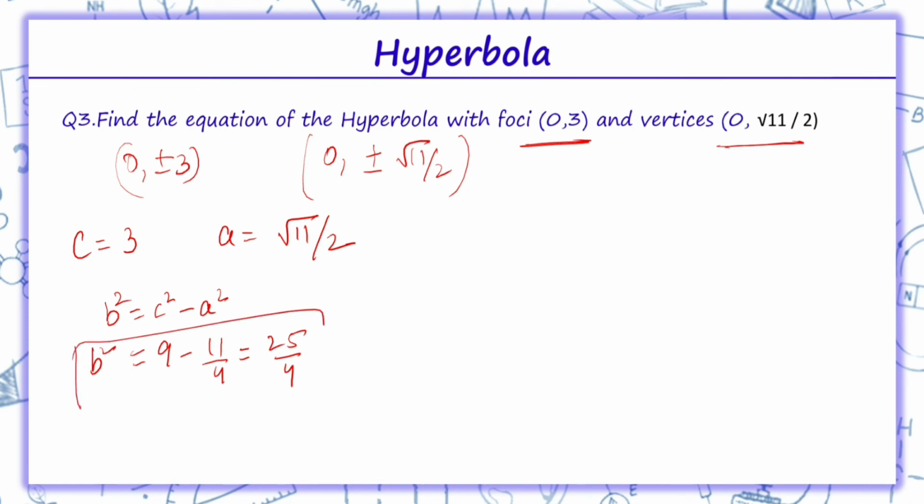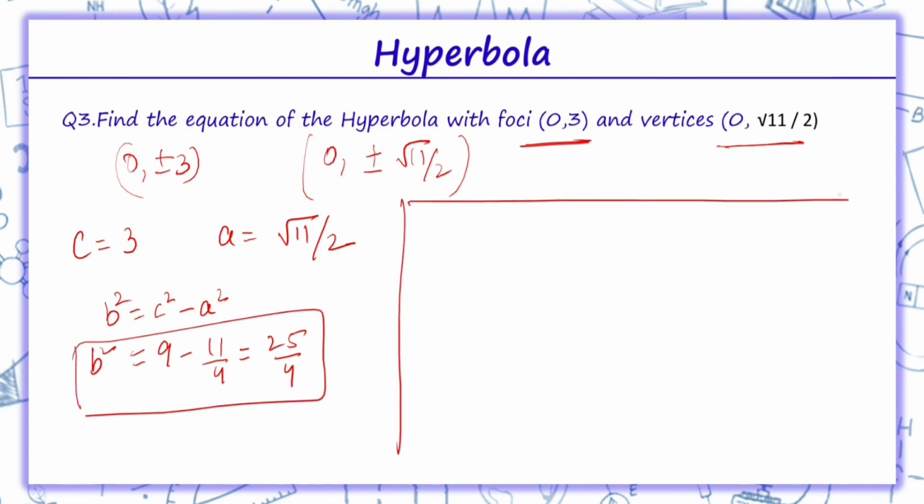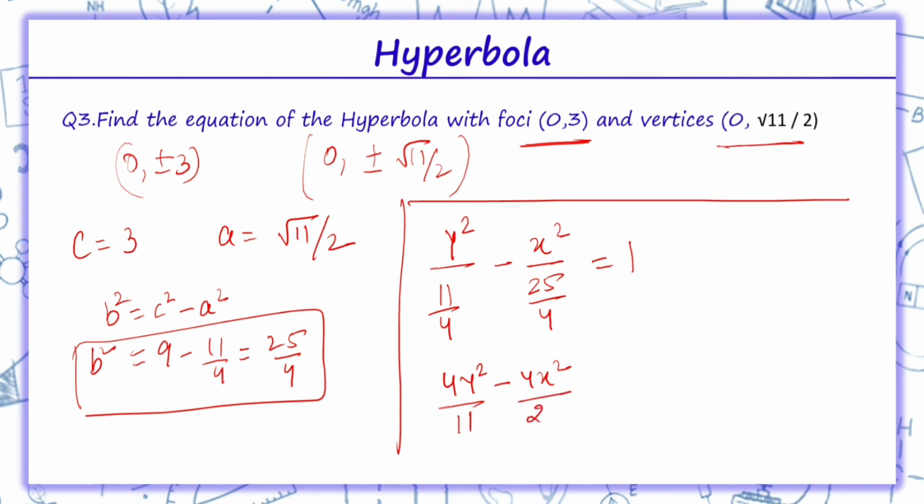This is b square. Now since the foci are on the y axis, the equation will become y square upon a square, which is 11 by 4, minus x square upon b square, which is 25 by 4, equals 1. So the equation is 4y square upon 11 minus 4x square upon 25 equals 1.